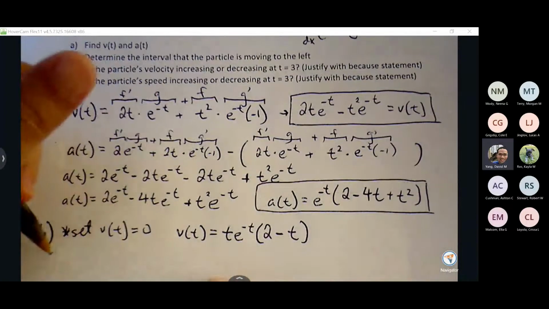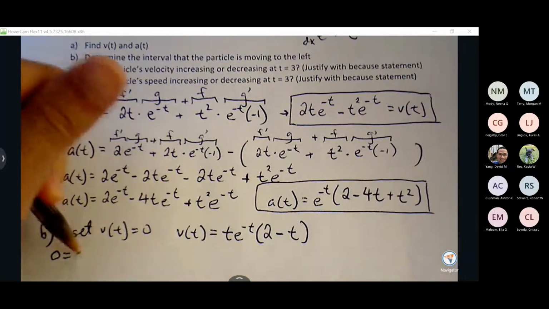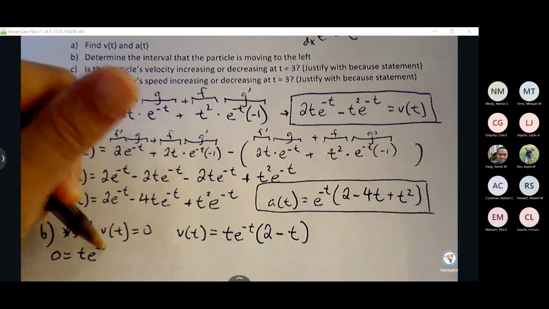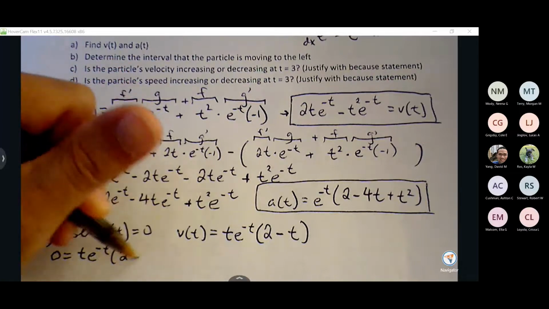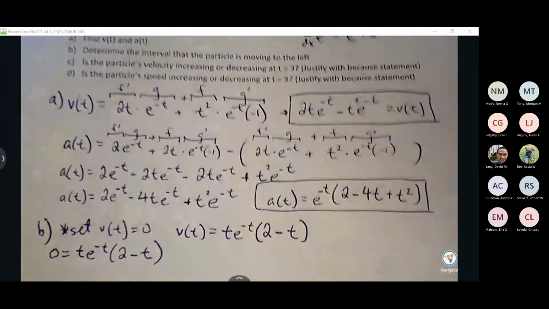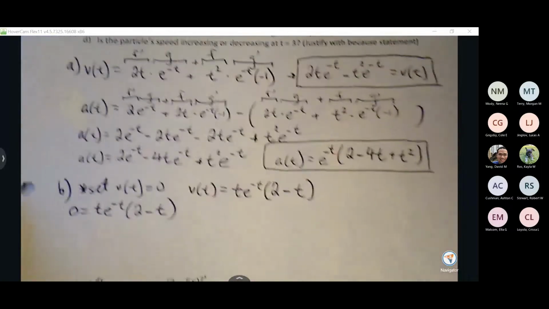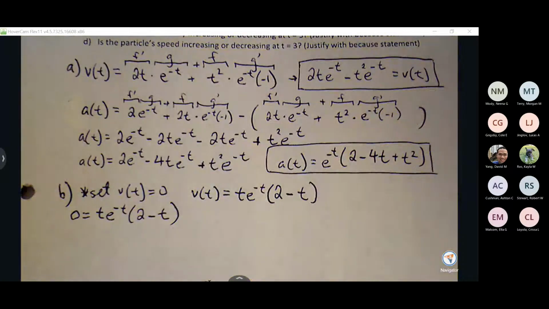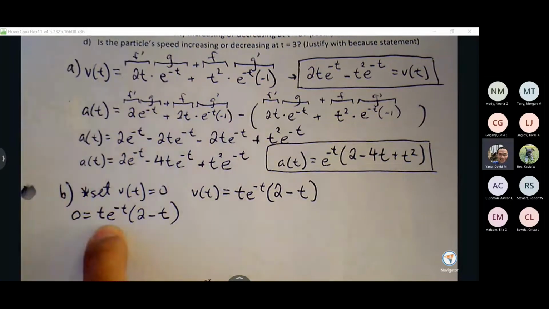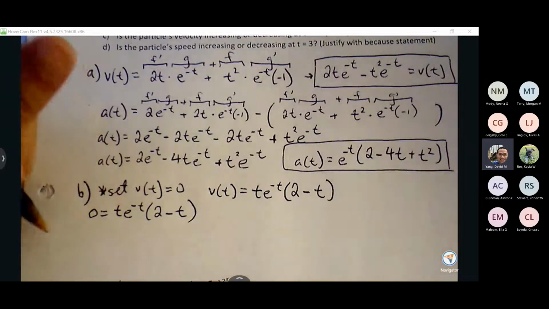Set that equal to 0. Set everything equal to 0. So I have t equal to 0, e to the negative t equal to 0, 2 minus t equal to 0. Let's see what comes with that.